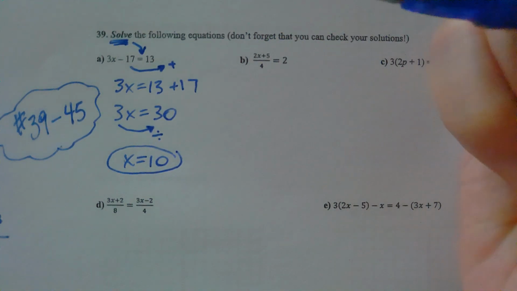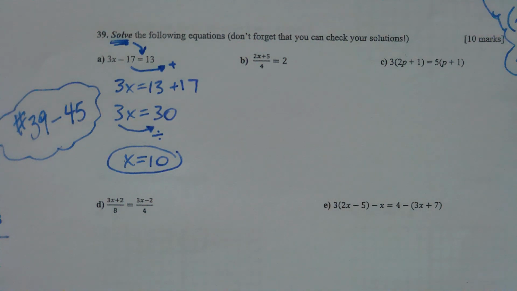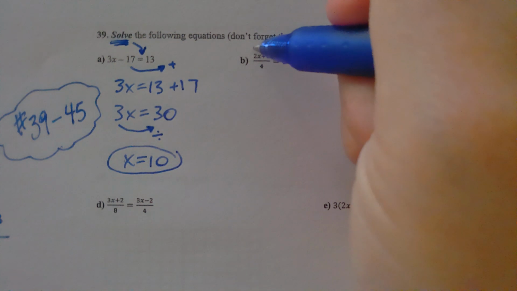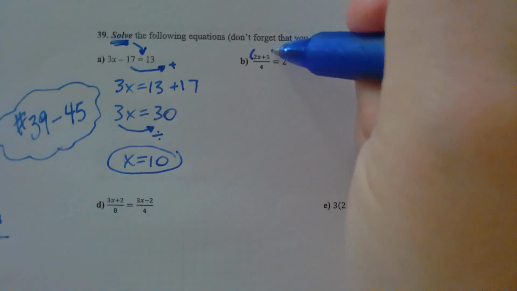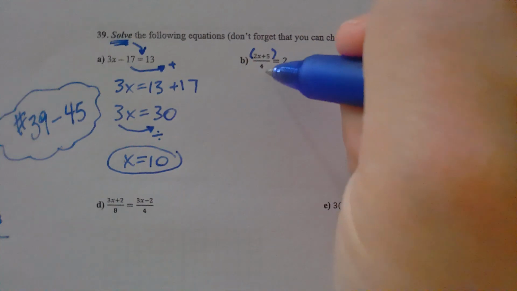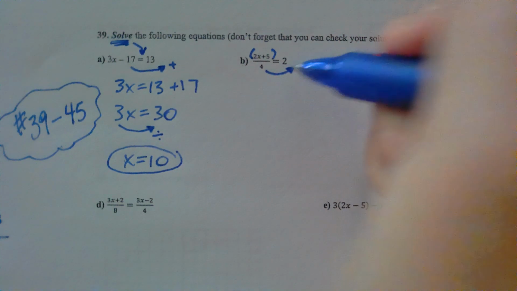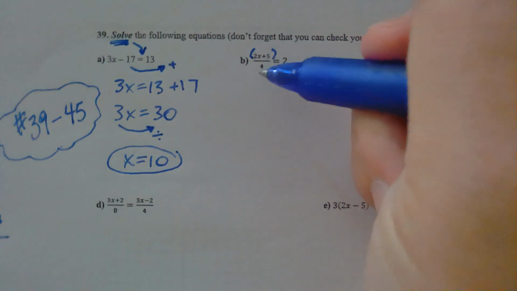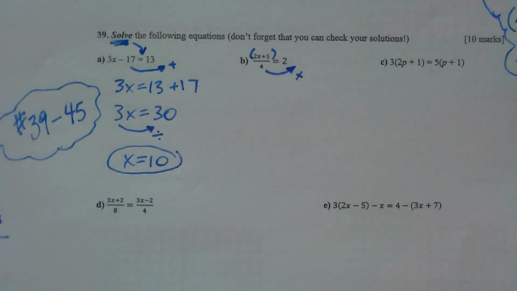Okay, right here, again, I want x all by itself. This expression right here is in the numerator. Because there's an expression, it's kind of like there's a bracket around it. Since there's a bracket, we know to move the 4 first. I'm dividing on the left side, so when I move it, I times it.